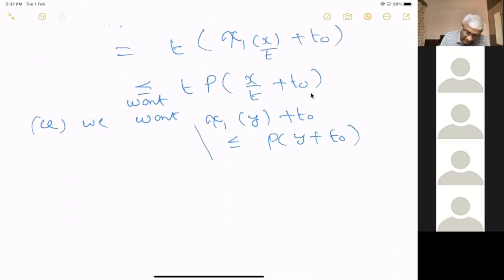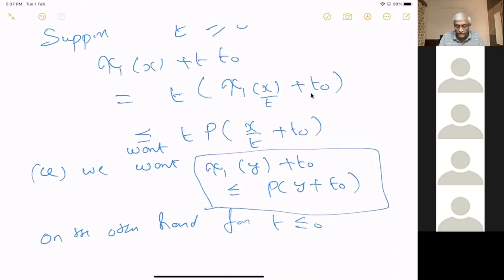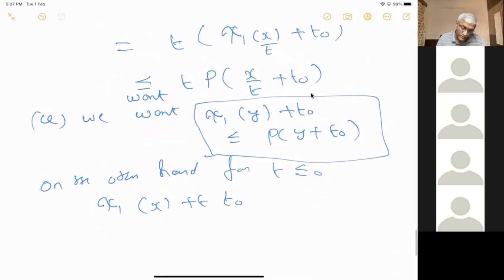On the other hand, for t less than or equal to 0, we need to take minus t outside. So chi1 of x plus t t naught, with t less than or equal to 0 now, is equal to minus t into chi1 of x by minus t naught.